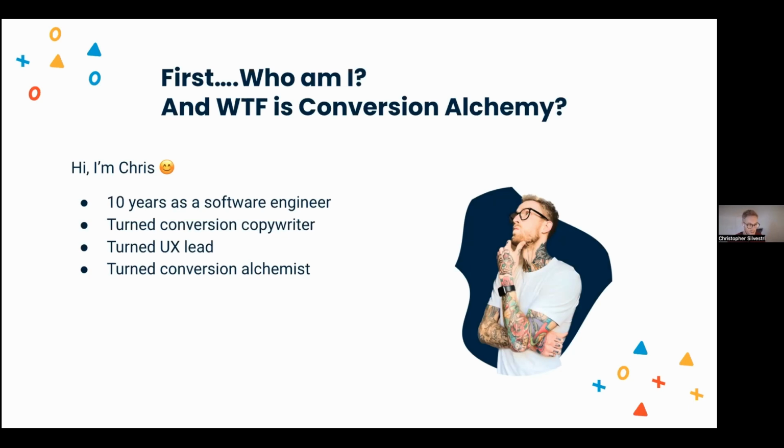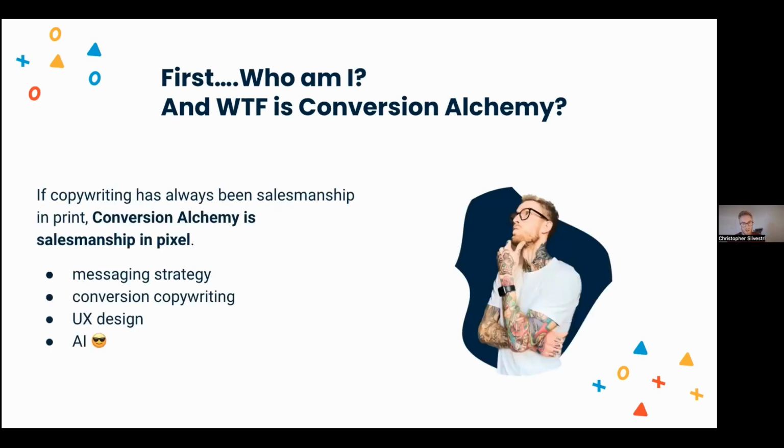And then I turned into Conversion Alchemist, which is my own way of saying what I do. If copywriting is salesmanship in print, I define conversion alchemy as salesmanship in pixel, which is my own combination of messaging strategy, conversion copywriting, UX design, and a sprinkle of AI.